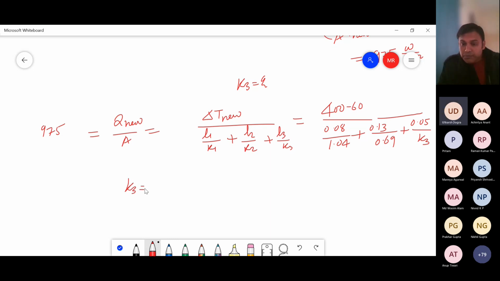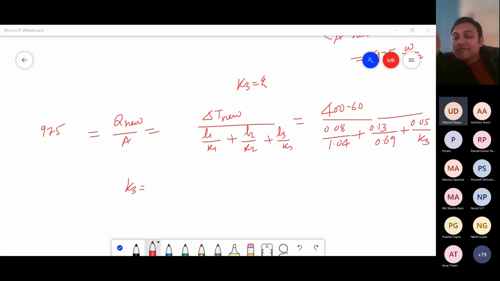Excuse me, sir. Please go ahead. Sir, why cannot we also find it by equating the heat flow across the slab 3 after insertion of slab 3, since we know the temperature of junction is 75 degrees Celsius? No, that's not correct. Very good observation, but that's not correct. Why? If you add another layer, your capital Q is going to change.